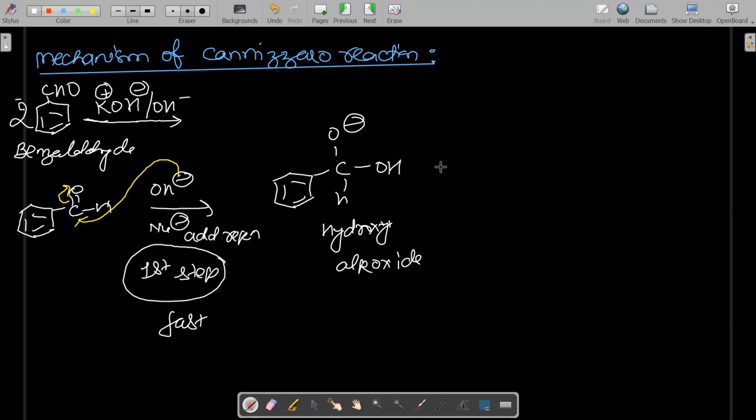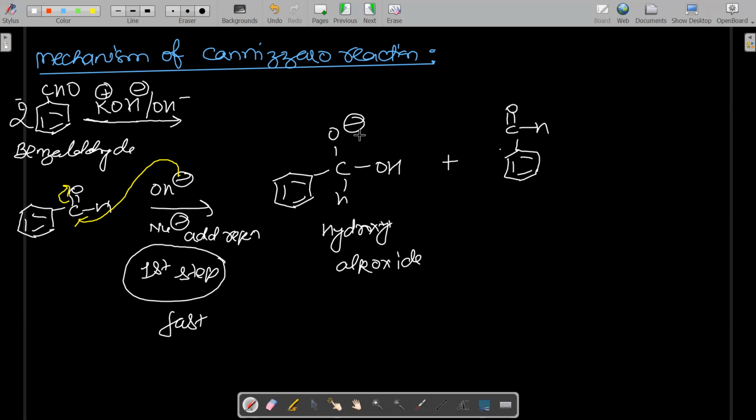Now this hydroxy alkoxide attacks the second molecule of benzaldehyde. You can see over here, I can write CHO. So now this is the second molecule.